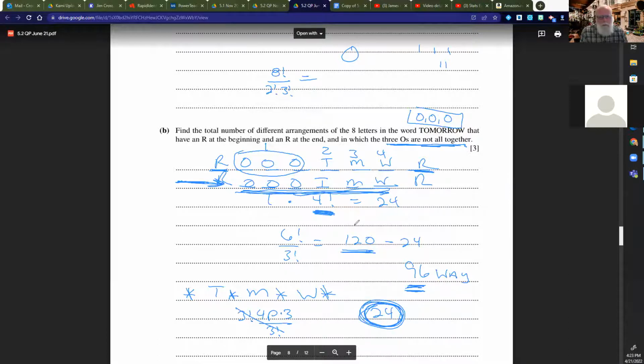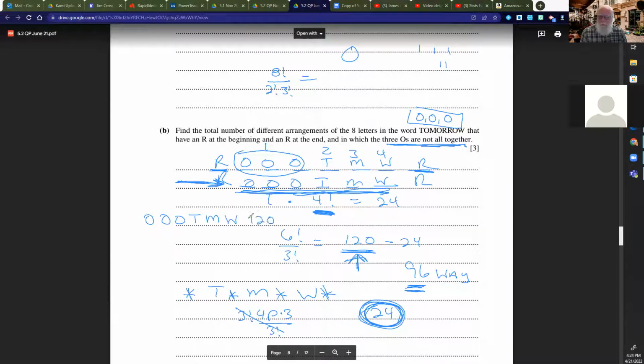Okay, so how do we get the 120? We did 6 factorial divided by 3 factorial. But why do we do that? Because that's the number of ways the letters O, O, O, T, M, W can be arranged, right? So if that's the total number of ways with no restrictions, if I just want to arrange these letters, it can be done in 120 ways.